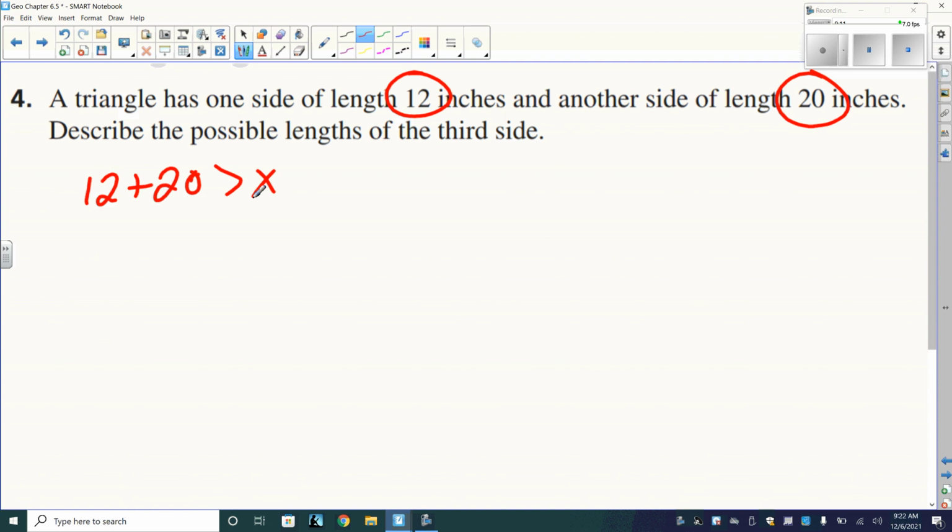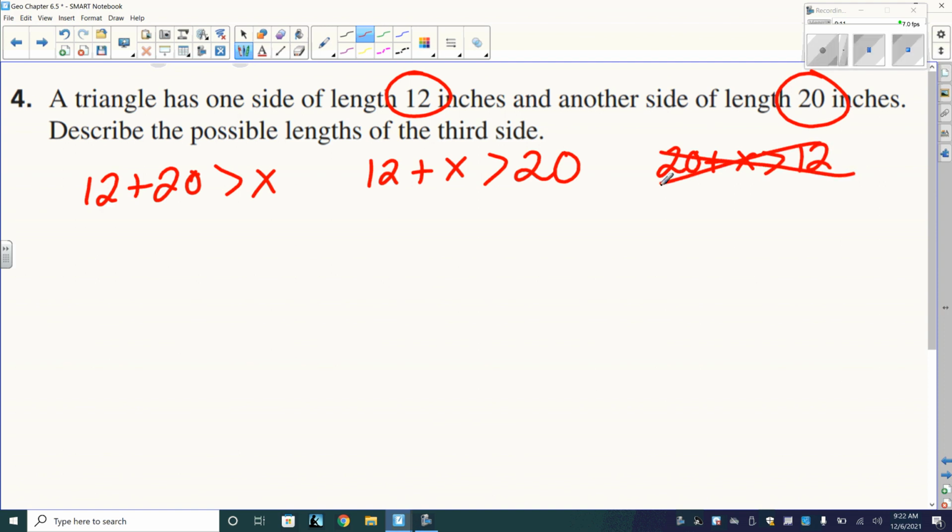Then we can say 12 plus x is greater than 20, and 20 plus x is greater than 12. But we really don't care about that last statement because 20 is always going to be greater than 12, yes? So that'll work. But it's the other two statements that we really need to determine the values of x.